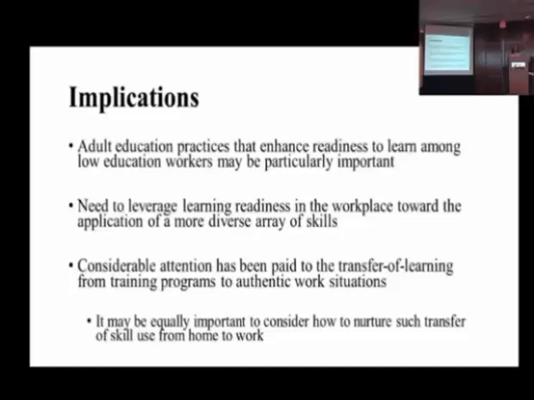And what we were thinking about here is that a lot of attention in workplace learning talks about transfer of learning from training programs to the actual work situation. And it may be important to start thinking about transfer of skill from home to work. But again, this isn't entirely clear. It's just an idea that we're playing around with.